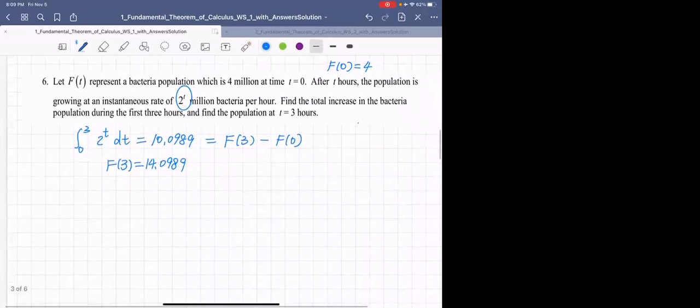Let me see. Does any student remember what this is? What is the antiderivative for this one? Anybody? Is there any student who remembers this one?